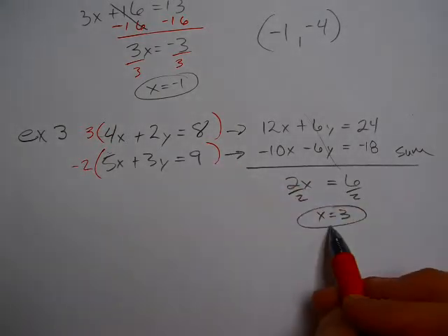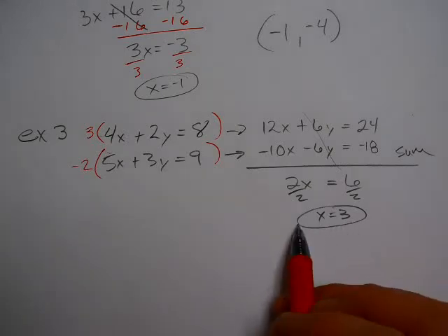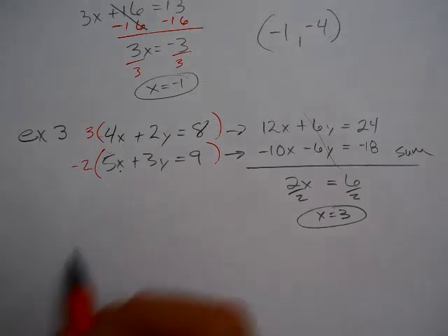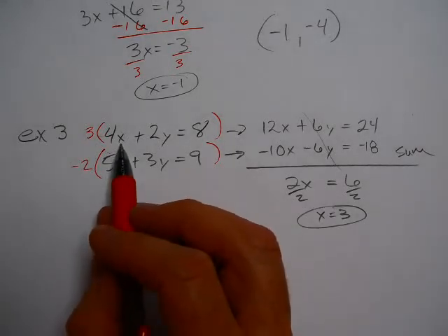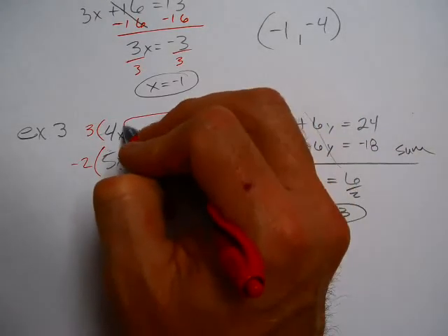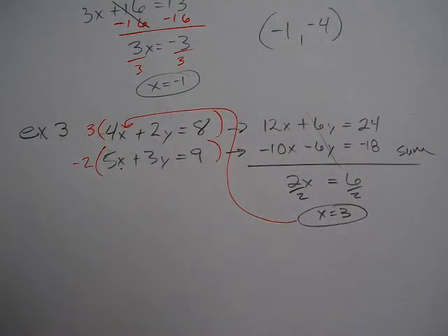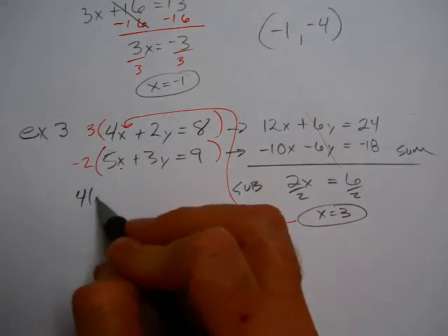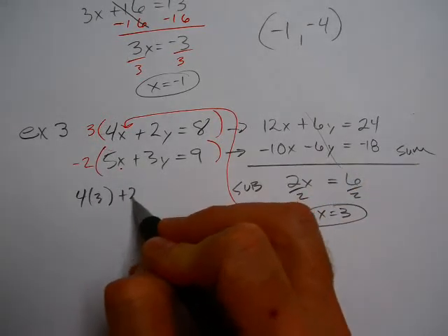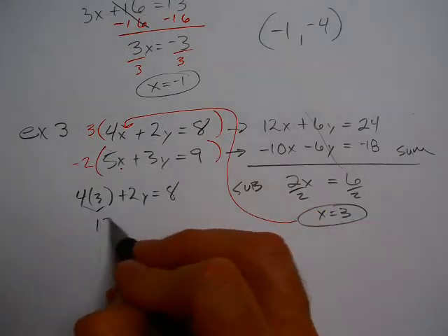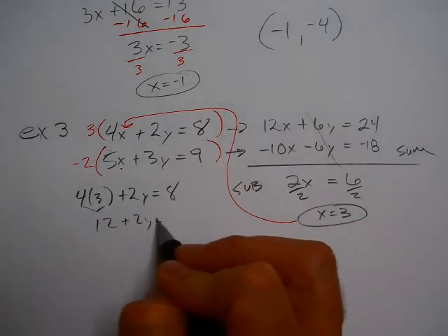Okay, so now that I have an x value, I'm going to plug that in either here or here. Denise, which one? This one? Okay. We're going to put it into the first. So this is my substitution. 4 times 3 plus 2y equals 8. 12 plus 2y equals 8.